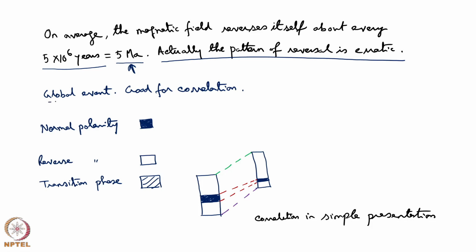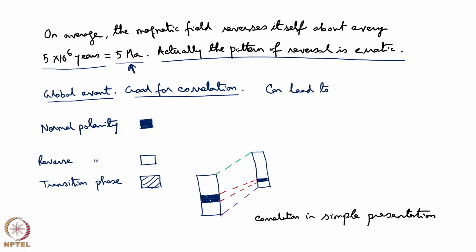So, it is a global event and it is good for correlation. The geomagnetic reversal can prove catastrophic for organisms.